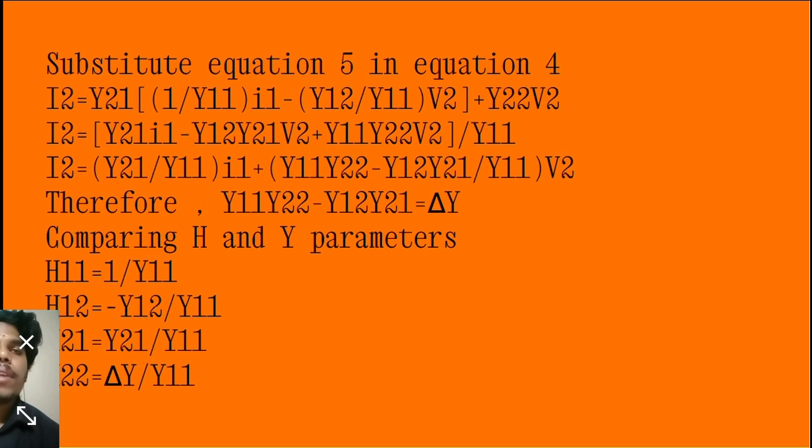Substituting equation 5 in equation 4, I2 equals Y21 into 1 by Y11 into I1 minus Y12 by Y11 V2, plus Y22 V2. I2 equals Y21 I1 minus Y12 Y21 V2 plus Y11 Y22 V2 by Y11.